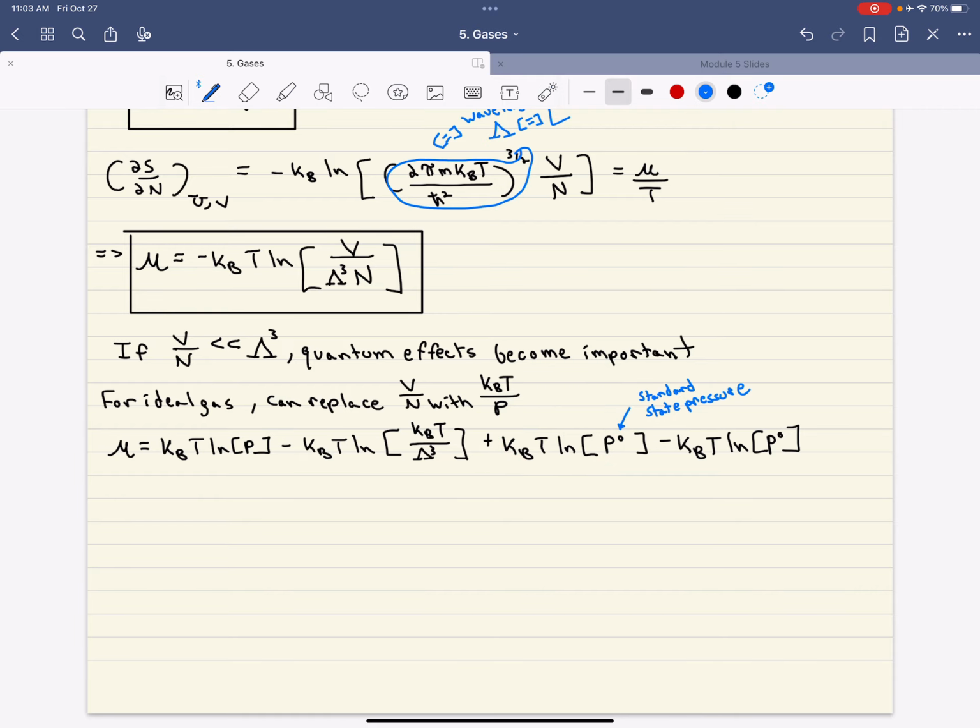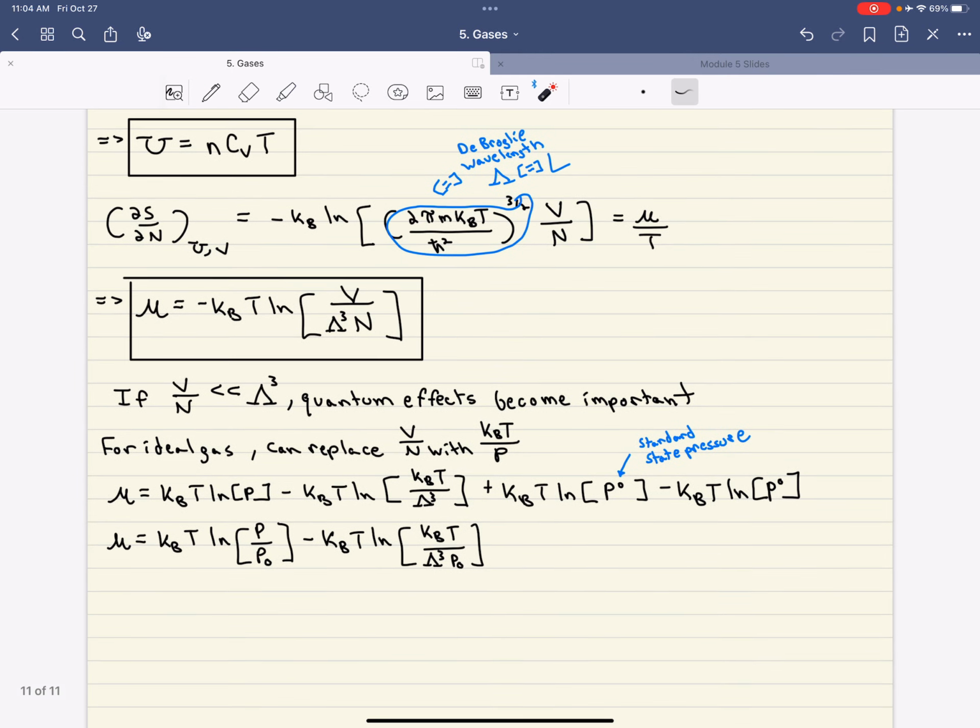All right, and so what we get is that the chemical potential is equal to kBT natural log of P divided by P naught minus kBT natural log of kBT divided by lambda cubed P naught. All right.